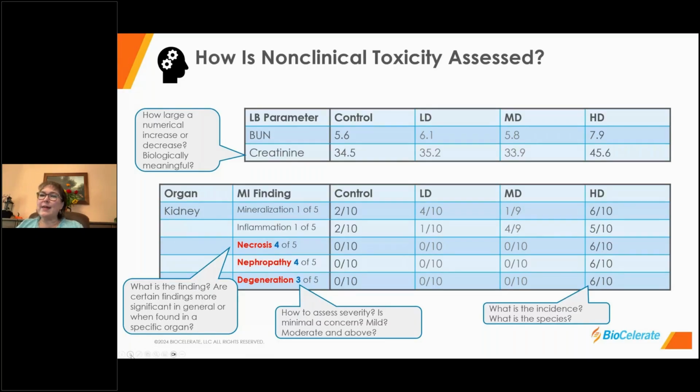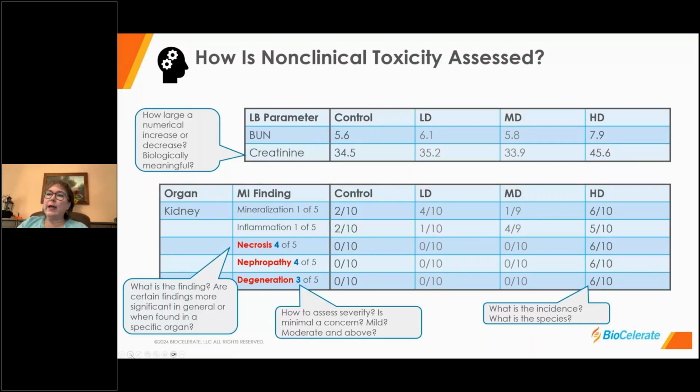So how does one assess that? Well, again, it's a little bit complicated. Perhaps you're looking at kidney histopathology findings, and your first question may be, well, am I going to assess severity of toxicity to necrosis? Is that more important than maybe mineralization? And so maybe that's driven by the incidence of that finding, and it's maybe also driven by the severity of that finding.